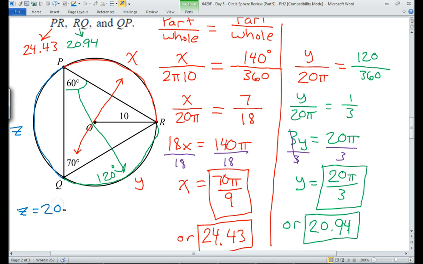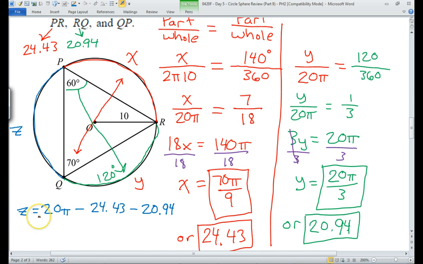So if I do 20 pi minus 24.43 minus 20.94, this will give me the remaining length most quickly.